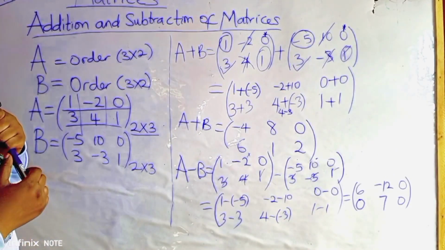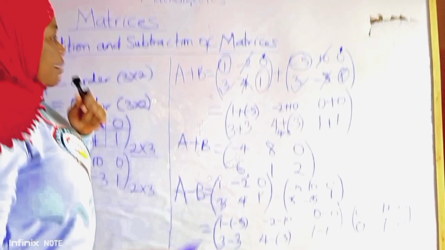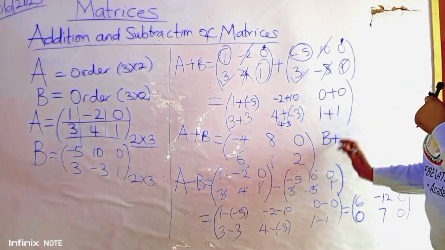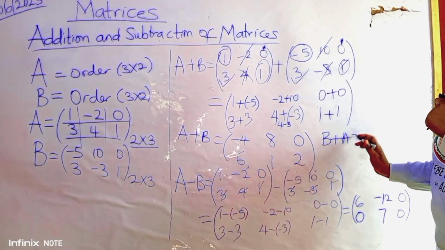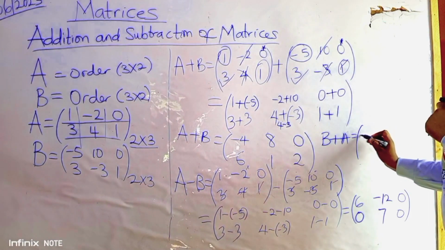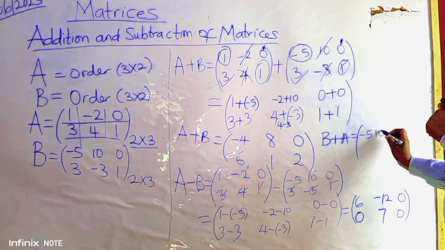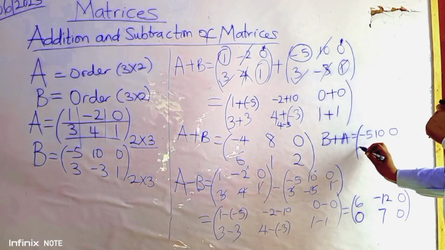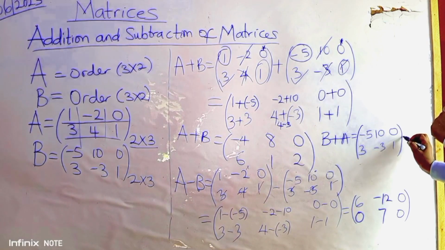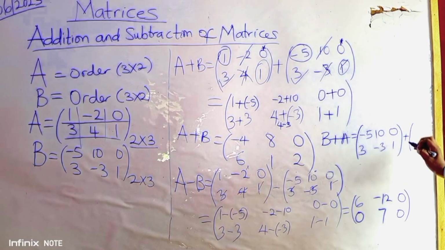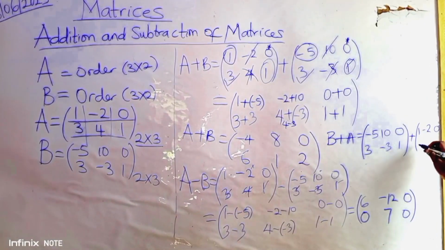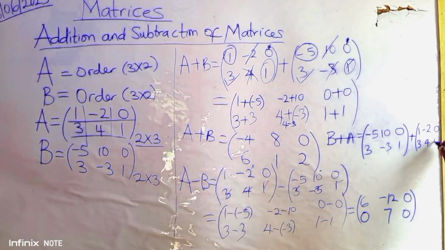Now there's another thing that I want us to check. Maybe if we have B plus A, let's see what we're going to get. We are going to write our B first, that is minus 5, 10, 0, 3, minus 3, 1. Then plus A. A is 1, minus 2, 0, 3, 4, and 1.